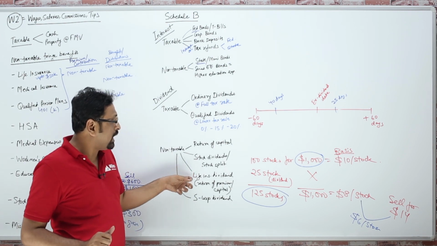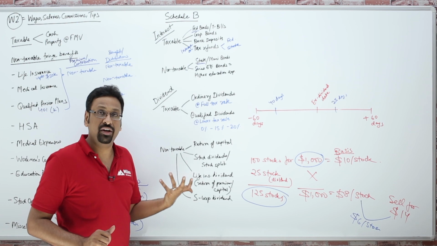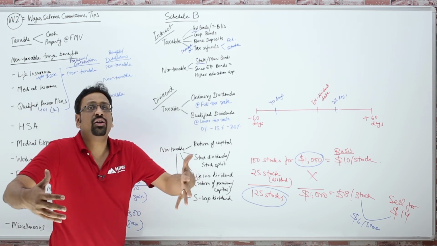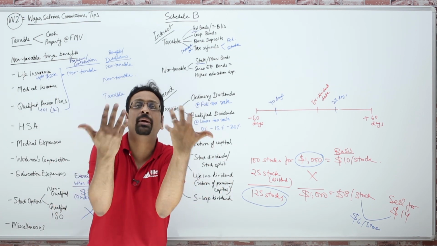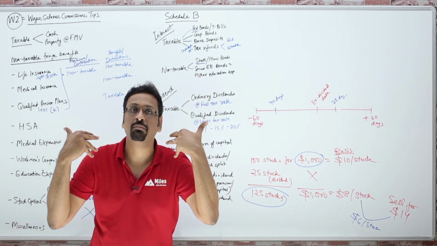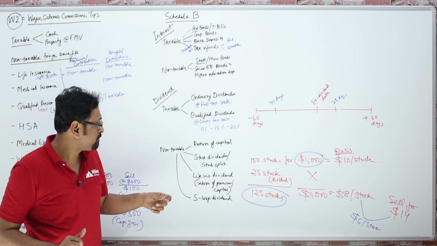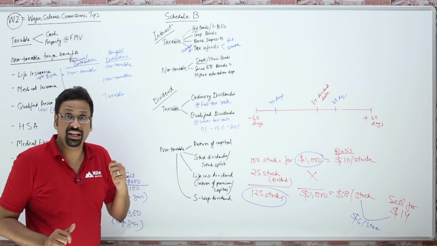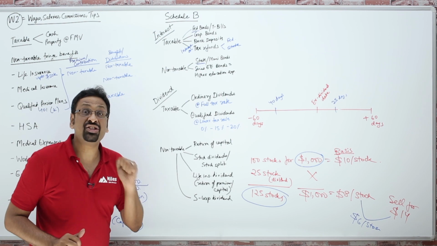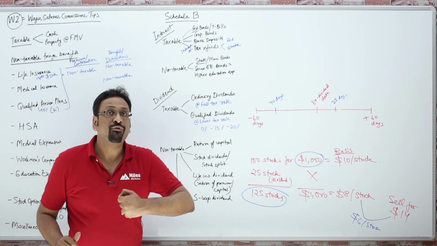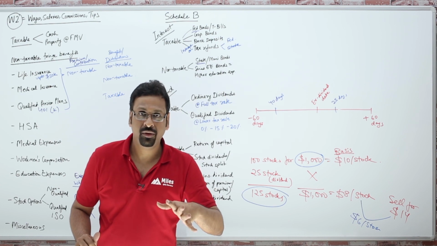Okay, let's talk about life insurance dividends. Again, a life insurance dividend is like the life insurance company returning back your premiums to you. It's like a return of capital, and return of capital is non-taxable. Or let's say you receive a dividend from an S corporation. We're going to talk about S corps, which are flow through entities.